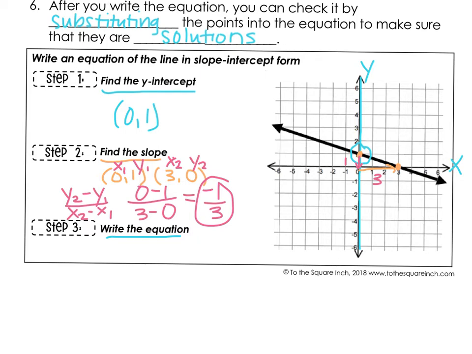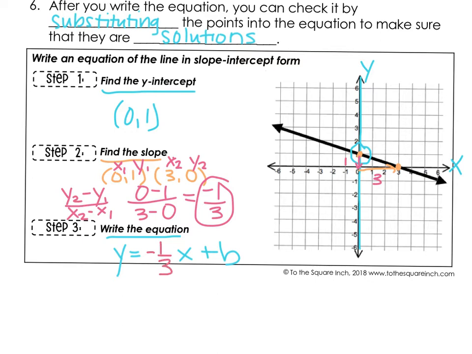We have the 2 pieces that we need. The equation in slope-intercept form is always y equals mx plus b. Well, slope is m, so I'm going to erase my m and replace it with our slope, which is negative 1/3.